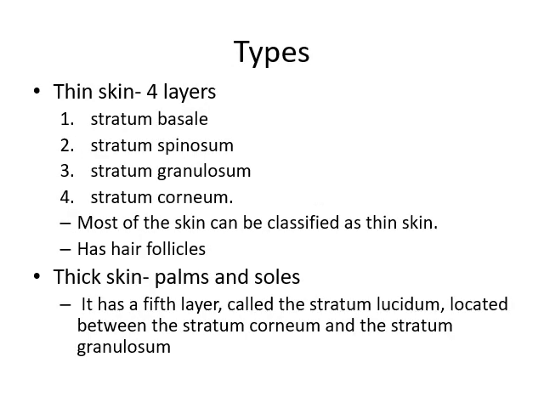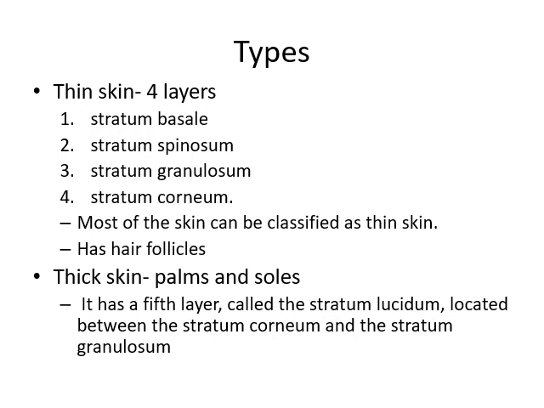Now there are two different types of skin: thin skin and thick skin. The thin skin has four layers: stratum basale, stratum spinosum, stratum granulosum, and stratum corneum. Most of the skin that covers our body is classified as thin skin. The skin that covers our hands and the top of our hands, our arms, legs, body, all that is thin skin.